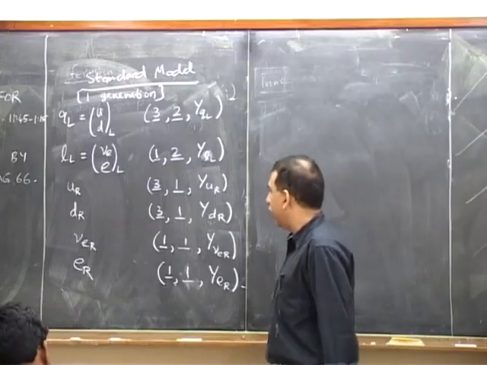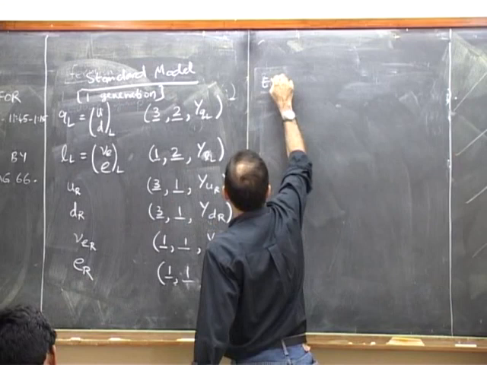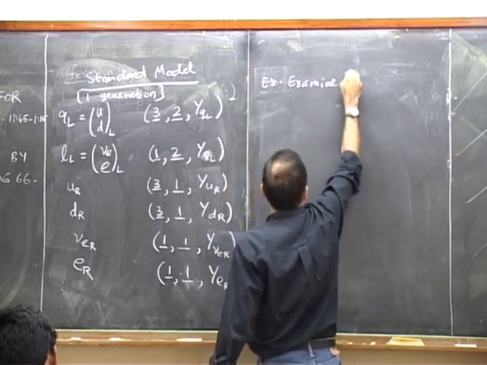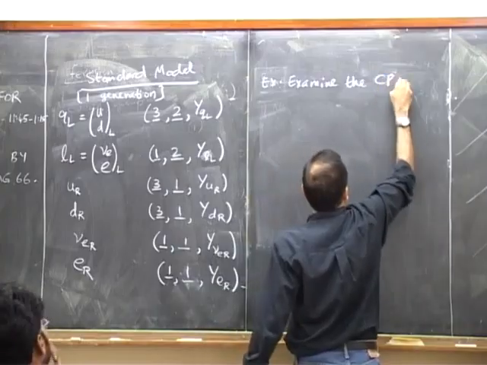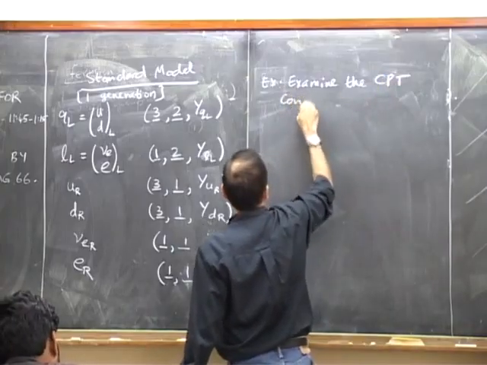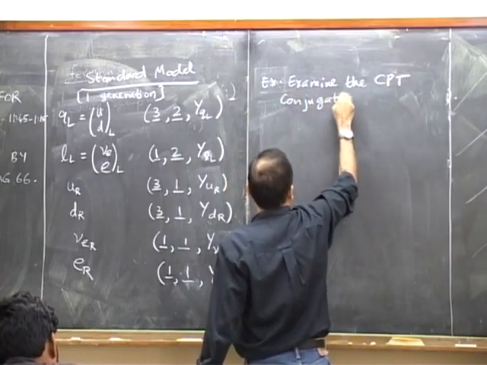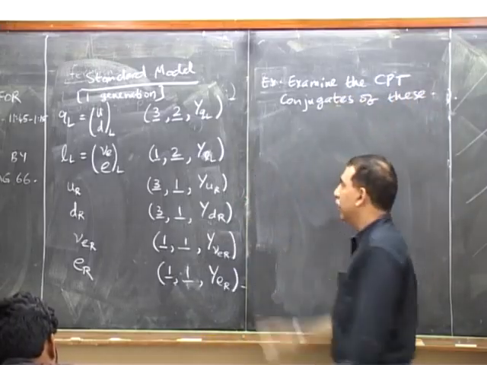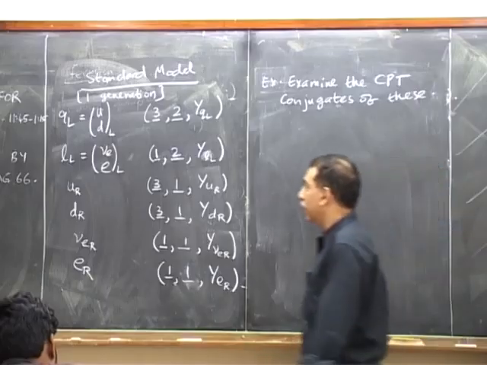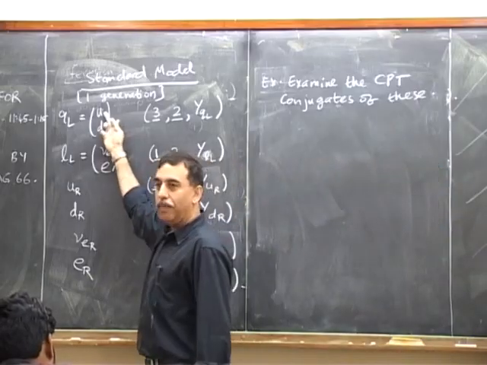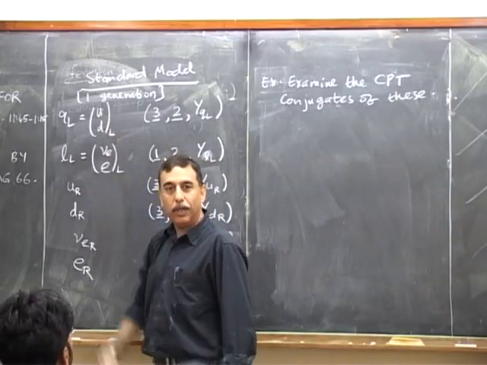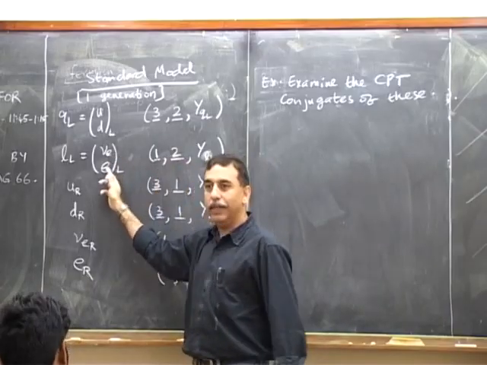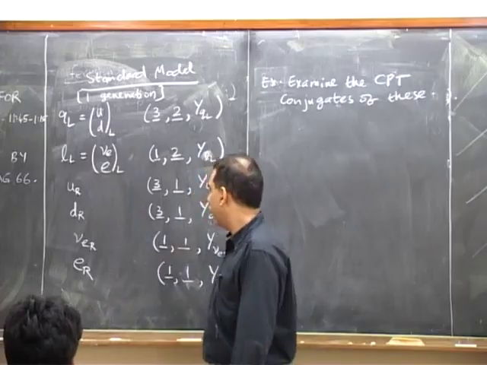Okay, now here's an exercise. Examine the CPT conjugates of all these particles. By examine, I mean think about them. Realize first of all that there must be an up antiquark and a down antiquark, and an anti-neutrino and anti-electron, or positron.